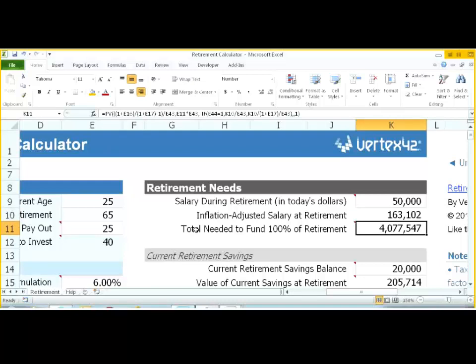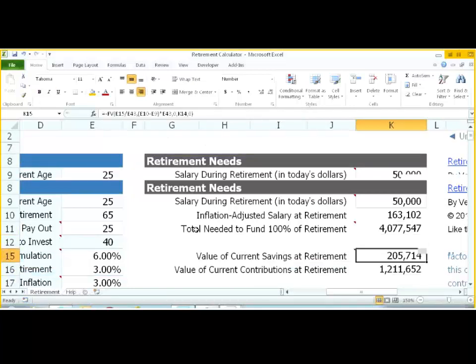And it says that you need $4 million to retire. You look at that and you're like, there's no way I'm ever going to make that much. Now this is said to fund your retirement 100%, so that's assuming you get no Social Security, no pension, that you're only using your savings to retire, which is not usually the case.